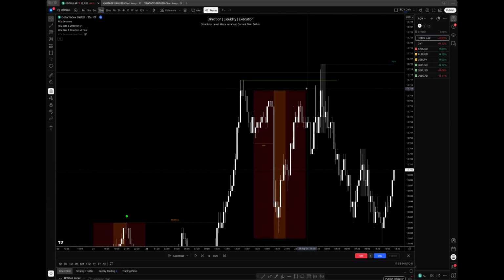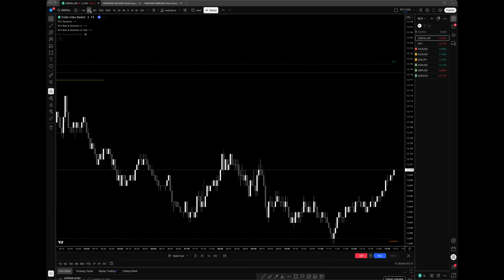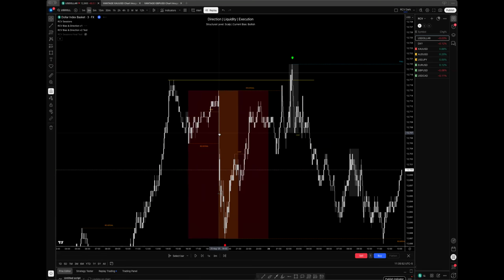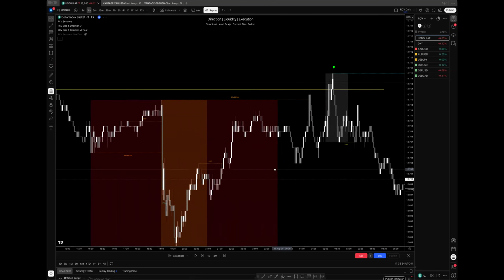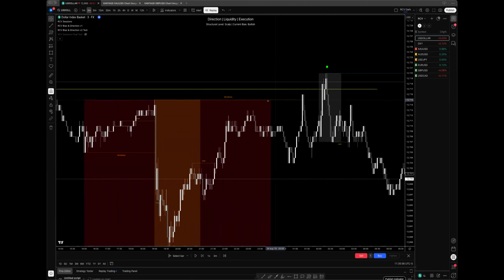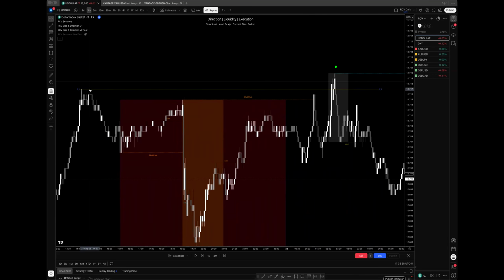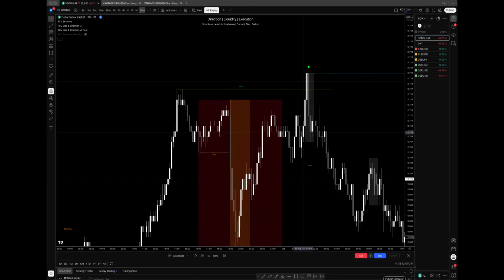We kind of purged it here a bit, but once we took out the external high here, if we were to zoom in, I believe it was M3 or M5, if I recall correctly. Yeah, we had the M3 engulfing right after we had swept not only the Asia high, but the previous day's high, which was the Monday high right here. And if we look back at the picture, I believe this also fit into an M10 engulfing here.